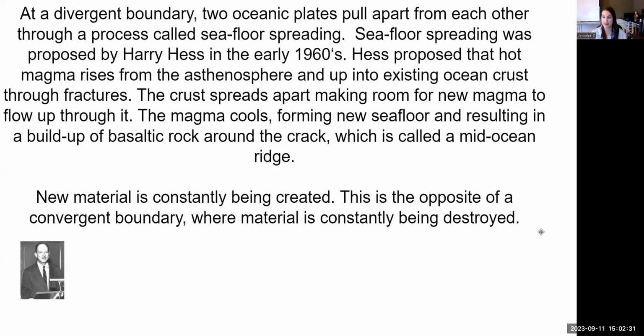This process is called sea floor spreading. And this was first proposed by Harry Hess in the 1960s. He proposed that hot magma is rising up. So we've got the seafloor and it's coming apart, and hot magma and rocks are coming up, and it's forming new land.